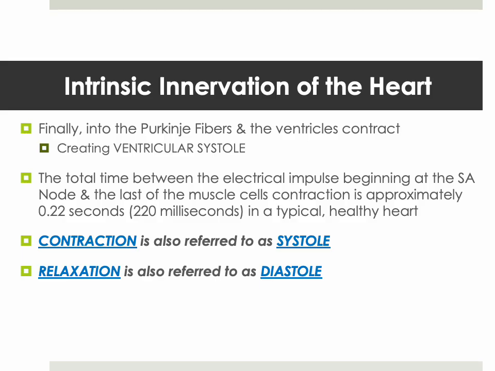All right, and then there's a little bit of branching of the branching. From the AV bundle, it branches out into a left and a right bundle, right? Then they're going to branch out more, and these are going to be known as the Purkinje fibers, okay?